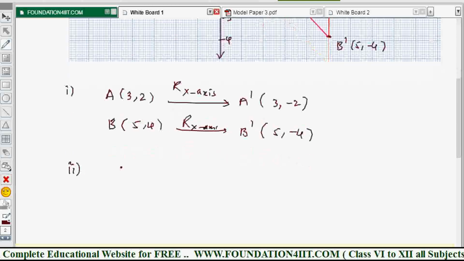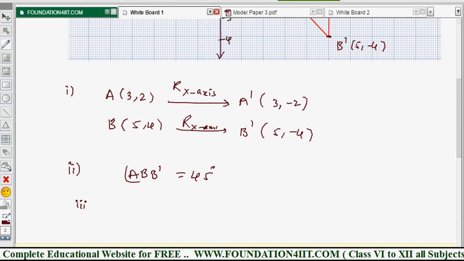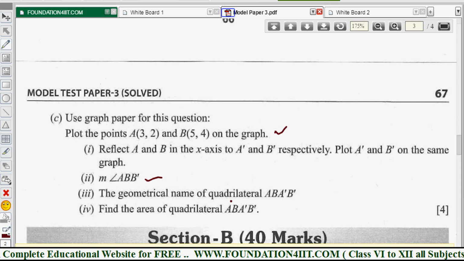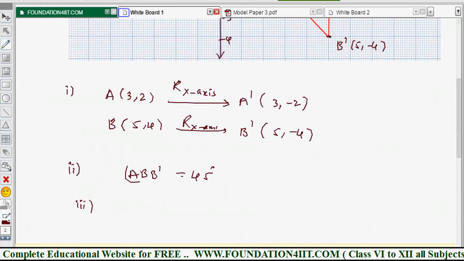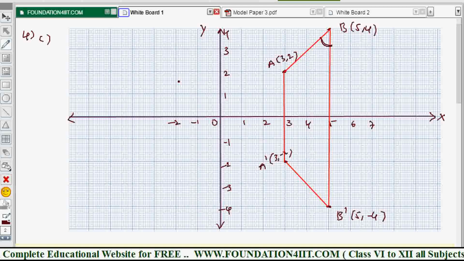And the third one they are asking is to name the figure, the geometrical name of the quadrilateral. This is a trapezium, right? Because two sides are parallel, and the other two are non-parallel, and AB and A dash B dash are also the same, so these two sides are equal.